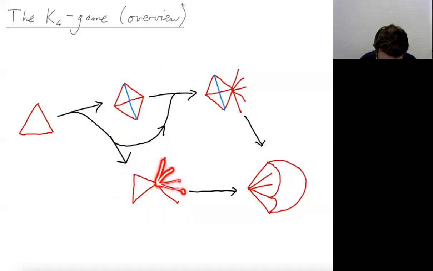And so when you do this, either at some point you will be able to get a chain of threats, which then lets you force a win, or eventually you'll get all 5 of these guys, and then you can just build this triangle over here, and you get your K4.